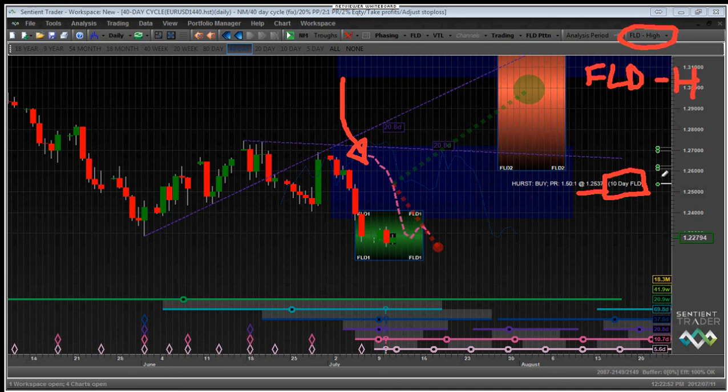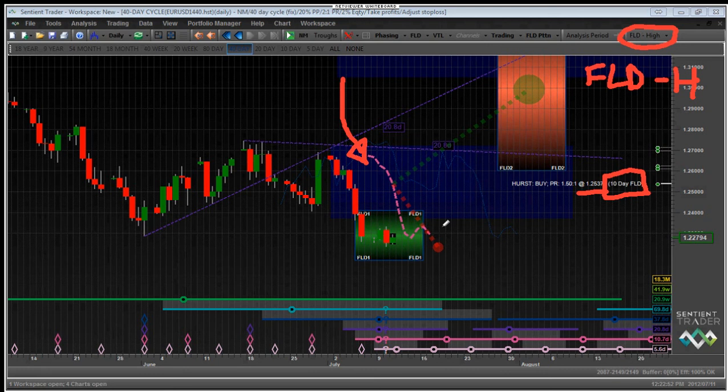It says FLD based on the high. That trading opportunity must be based upon the FLD based on the high price. So Sentient Trader has popped up and displayed the FLD based on the high price.